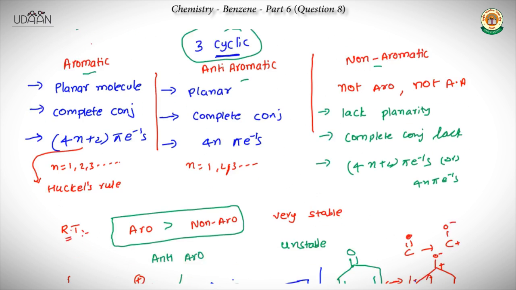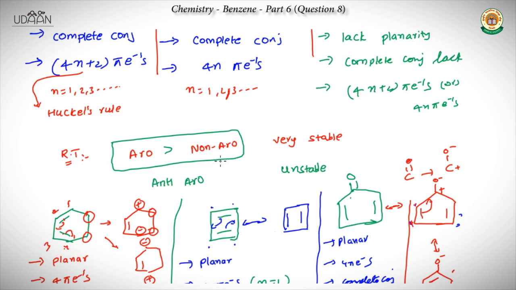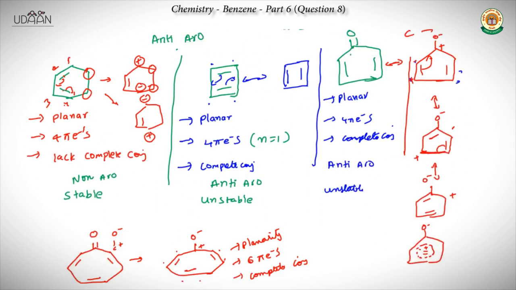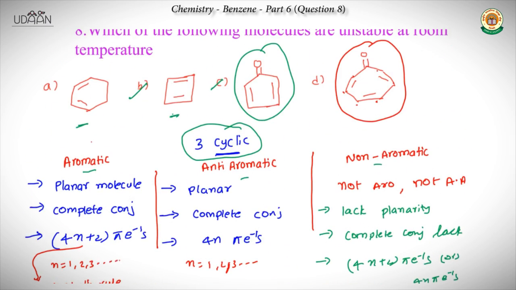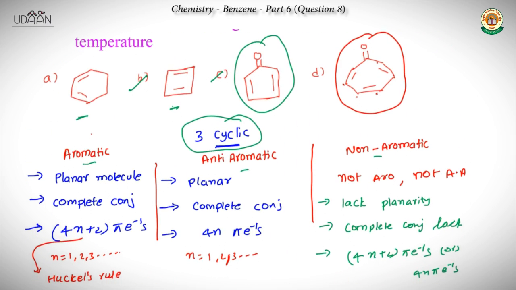And later we have learned that C double bond O is polar and it exists as C plus, O minus, with positive charge on carbon. And one more thing is that aromatic compounds and non-aromatic compounds are stable at room temperature, whereas anti-aromatic compounds are unstable. And in between aromatic and non-aromatic, aromatic are more stable than non-aromatic compounds. And so we have concluded that B and C, being anti-aromatic compounds, are unstable at room temperature.